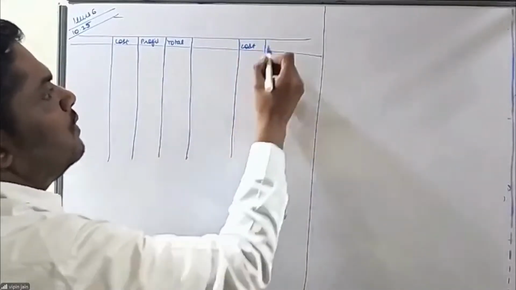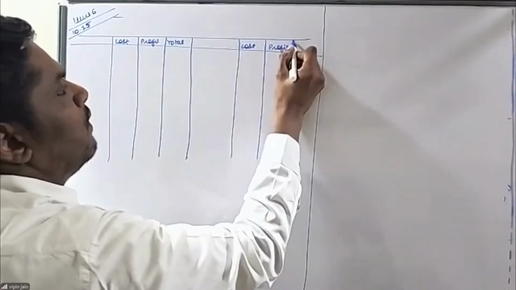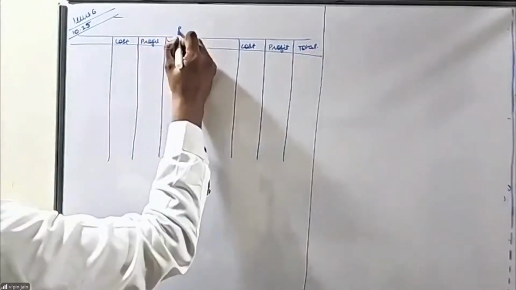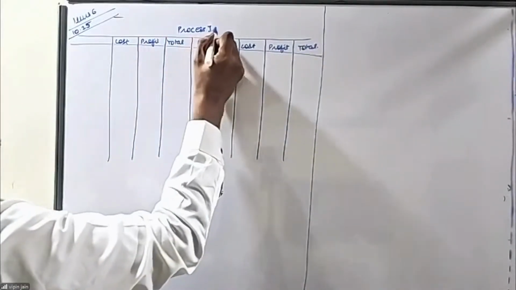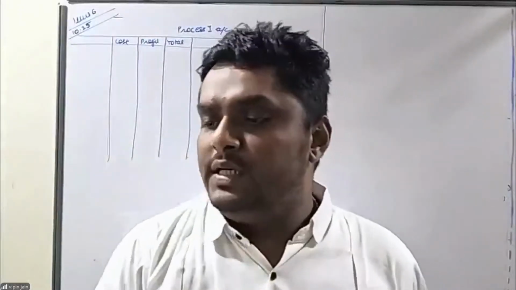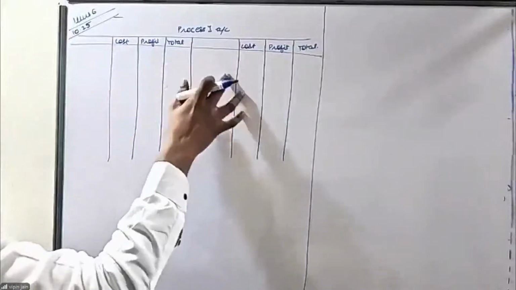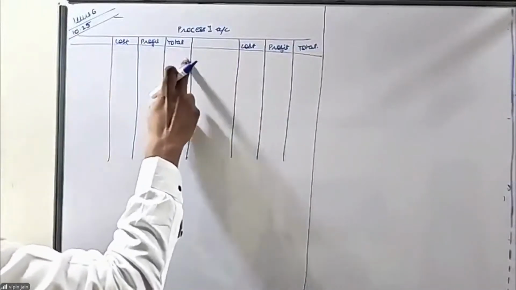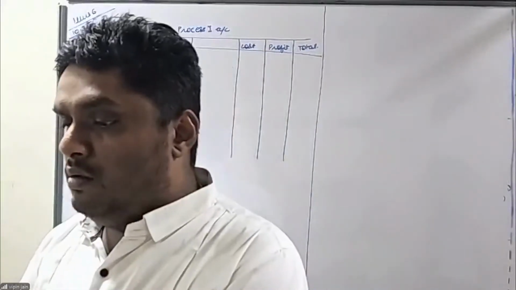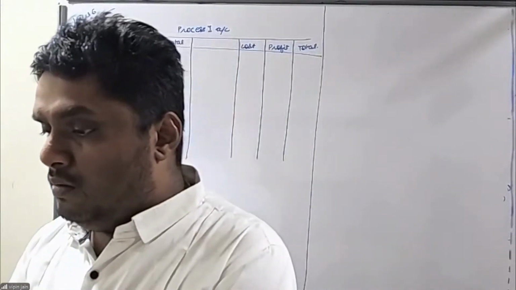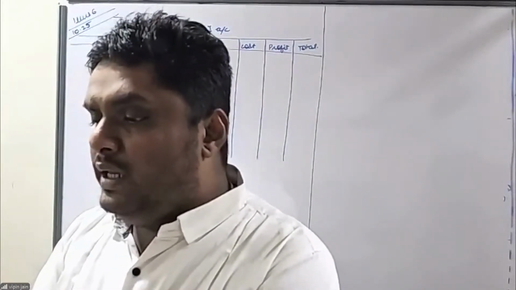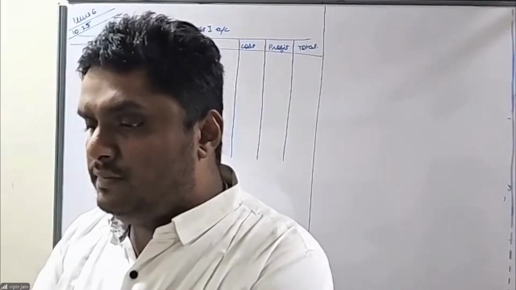Cost. So wherein the profit element is involved in a particular process, the process account is to be prepared as cost, profit, and total, cost, profit, and total. So now I'll be addressing your query, Kasak, later on. Let me complete this question first.